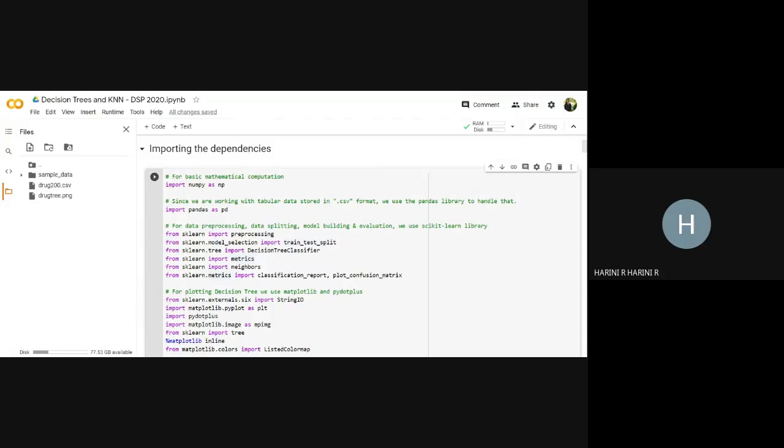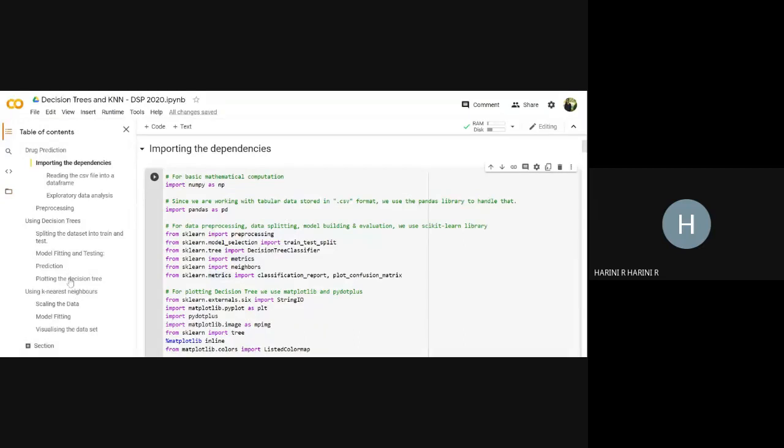Yesterday the MLP algorithm also we got from scikit-learn, and today the decision tree classifier as well as K nearest neighbors. Both these algorithm implementations are there in scikit-learn, so we don't really have to program the algorithm or the math behind. This is a very simple way to directly get started with using these algorithms.